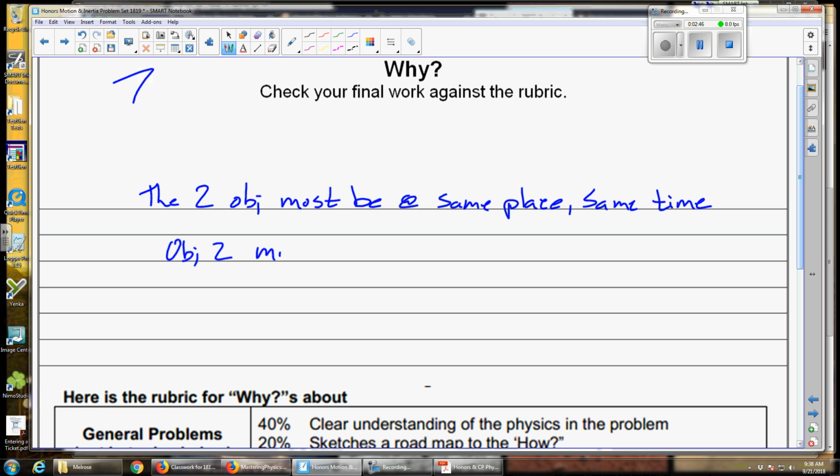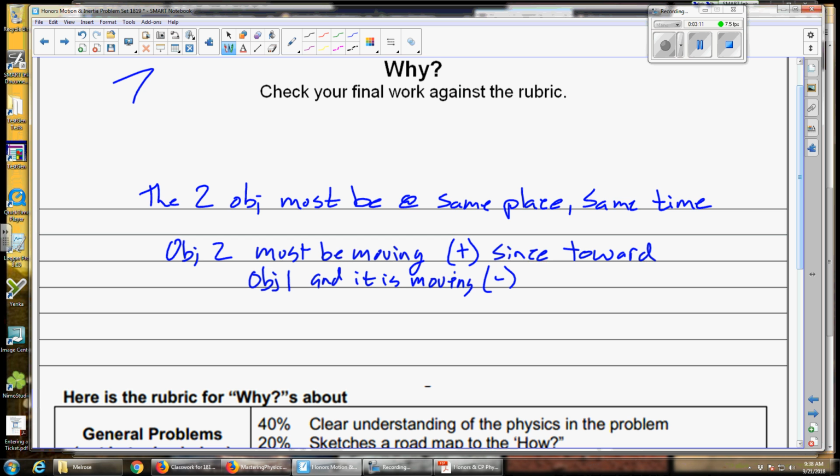Object 2 must be moving positively, since towards object 1, and it is moving negative, since towards implies opposite.